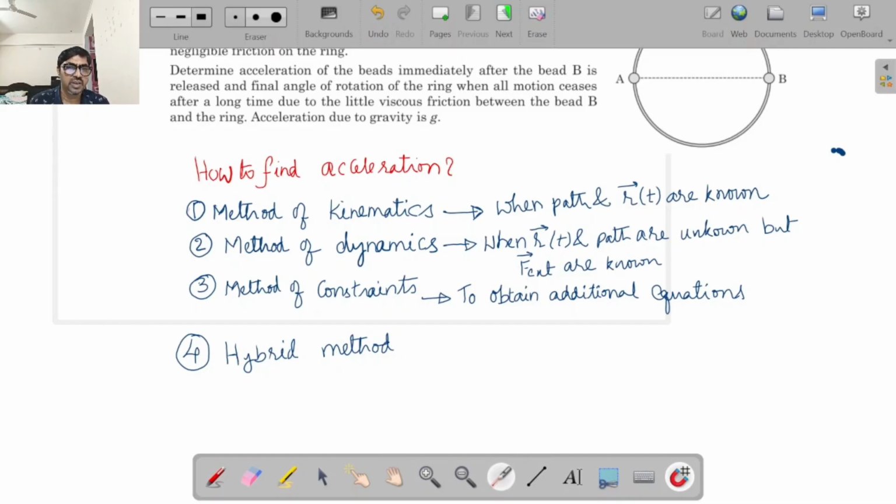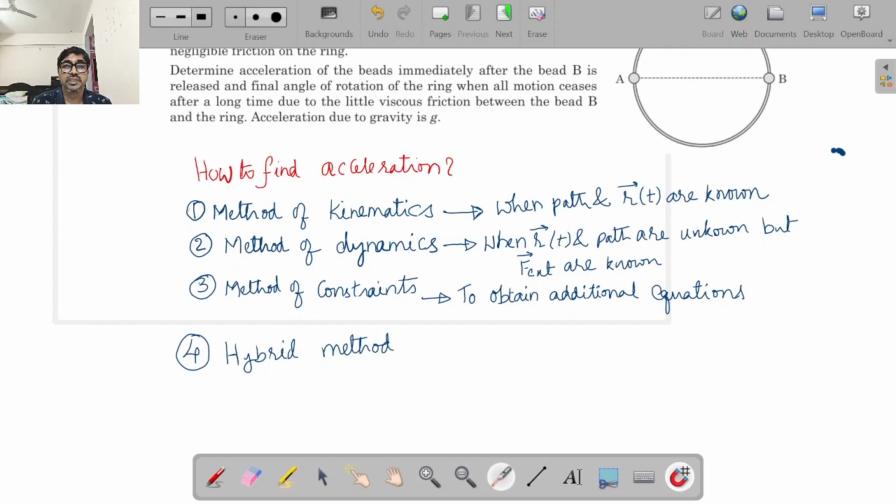This is the general procedure, but when you go for higher-level questions, the method would not be so clear, so you might have to use a hybrid method. You use a little bit of kinematic ideas, a little bit of dynamics, and constraints also, depending on the situation. Let's say they gave the path but not x and y as functions of time.